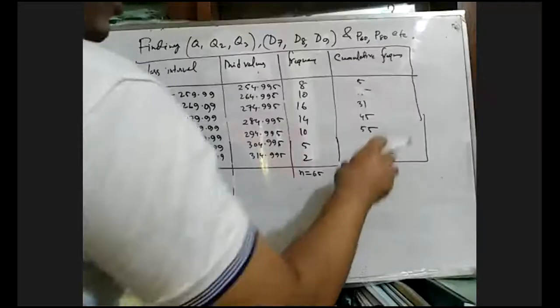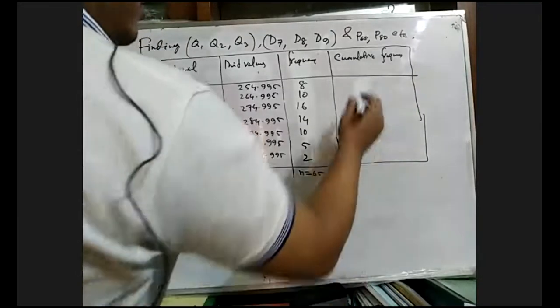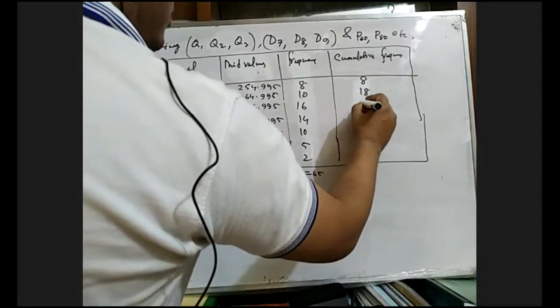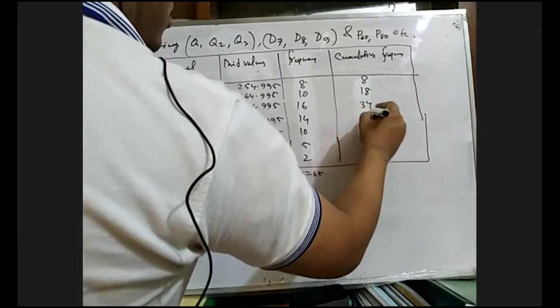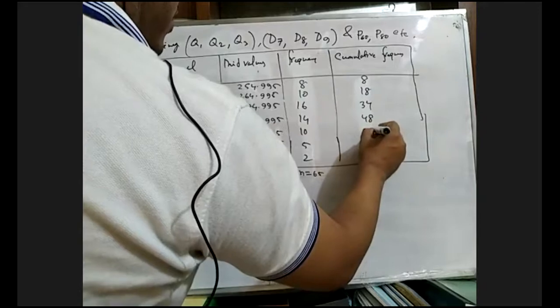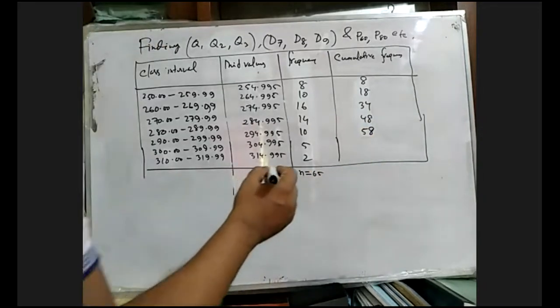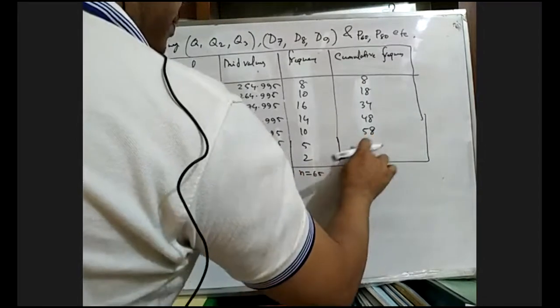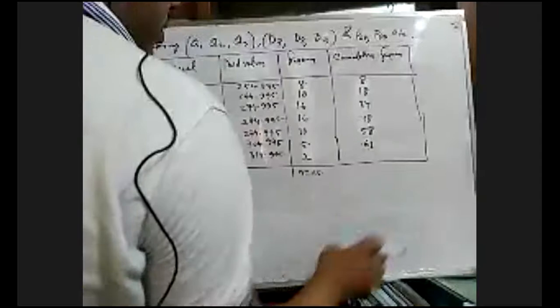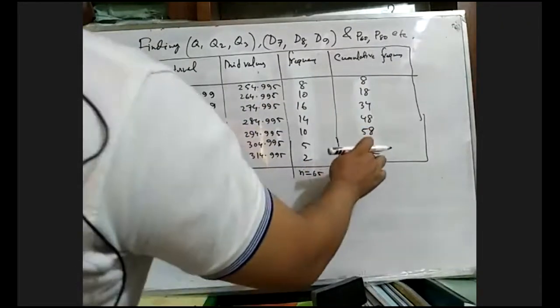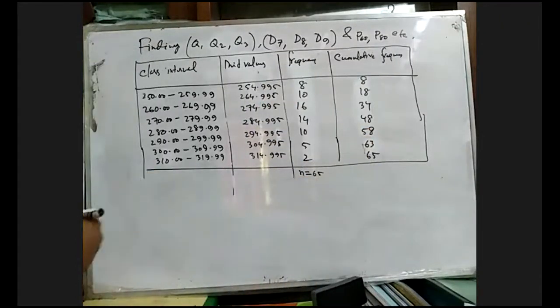So cumulative frequency will be 8, 18, 34, 48, 58, 63, and 65. That means the sum of frequencies and the last cumulative frequency will be the same.